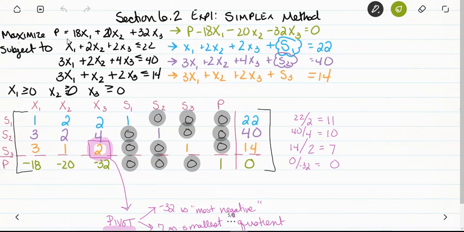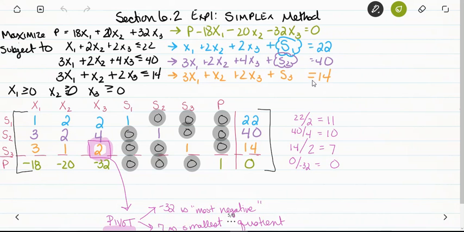So we could do that with an easy algebra of subtracting 18x1, subtract 20x2, subtract 32x3, and we'd be left with a 0 on the right, and we'd have P minus 18x1 minus 20x2 minus 32x3 all on the left. That's our first step.